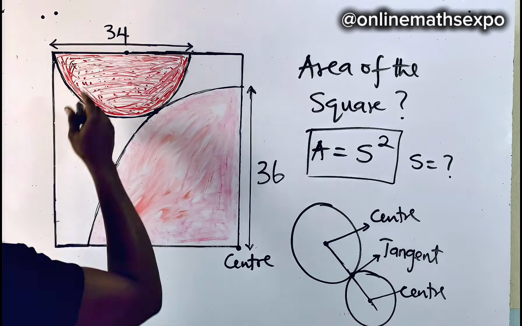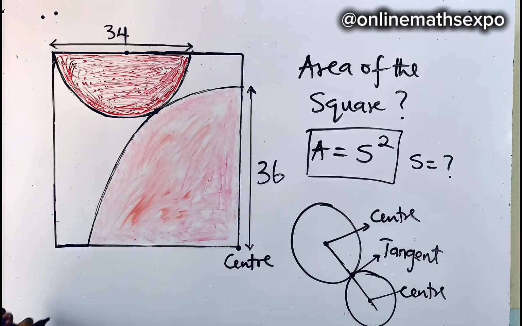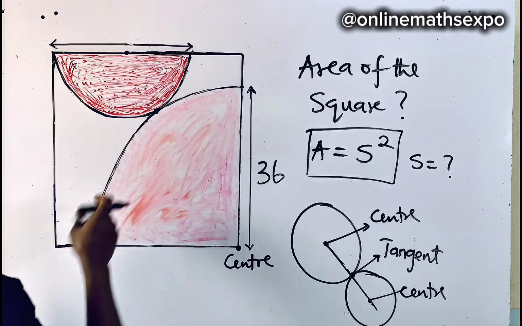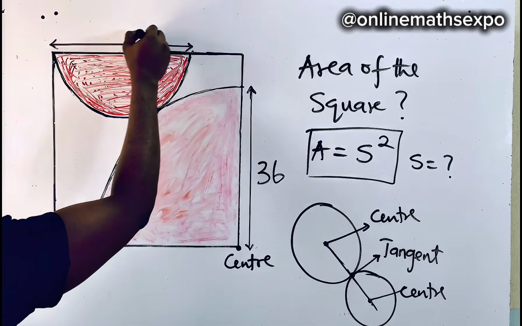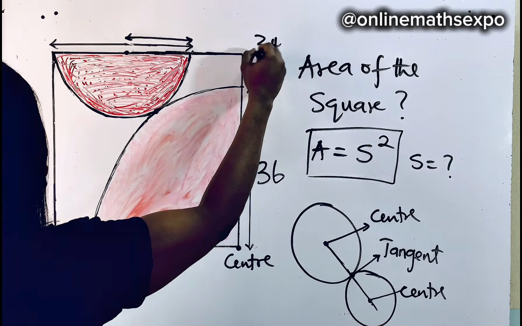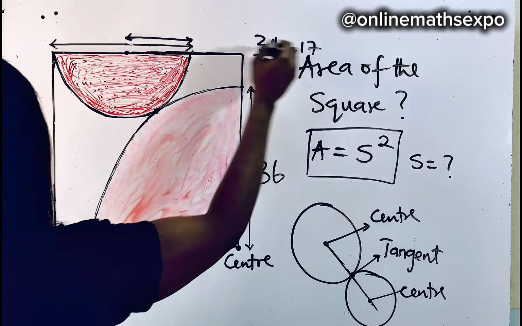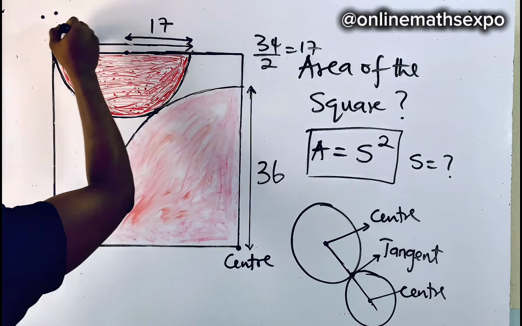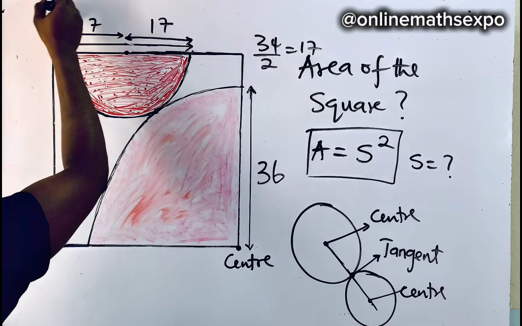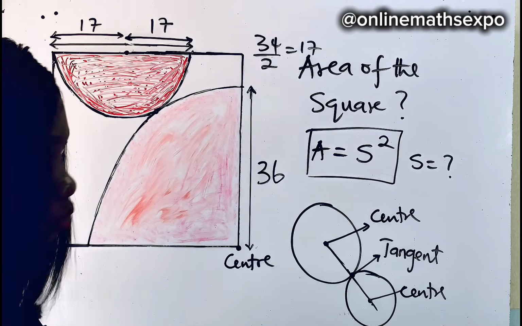If from here to here is 34, we can adjust it to get the radius. Divide 34 by 2, it gives you 17. So here is 17 and the remaining length will also be 17, so that when you add them up it gives you 34.